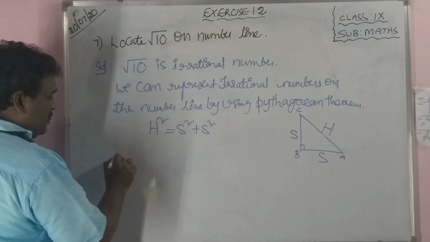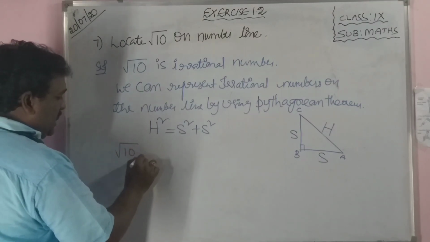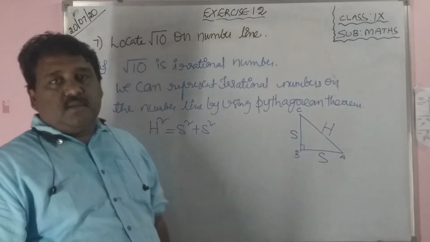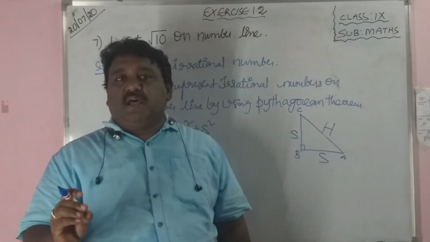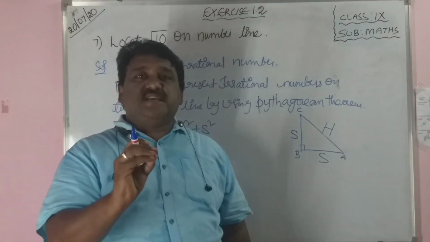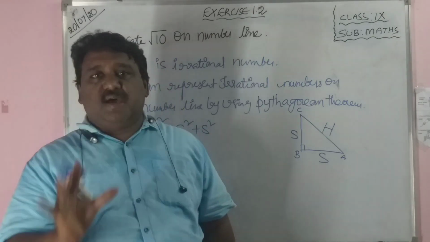What is the number? Root 10. Follow clearly. How to write root 10? Write 10 as a sum of two square numbers.